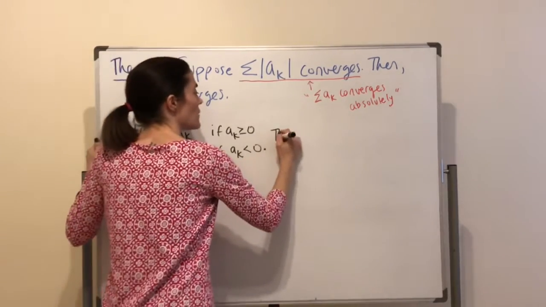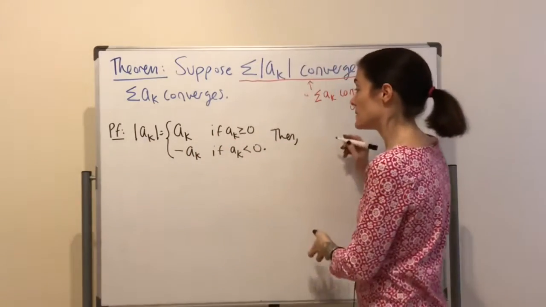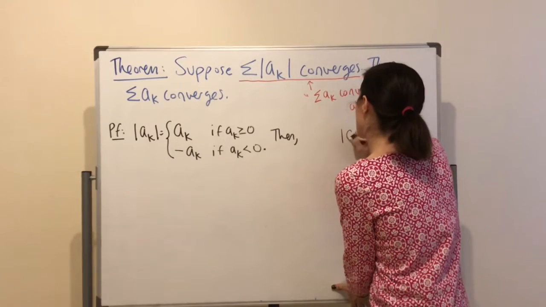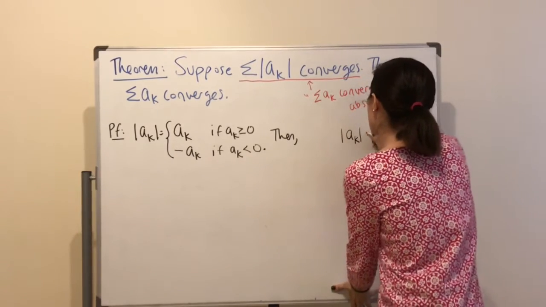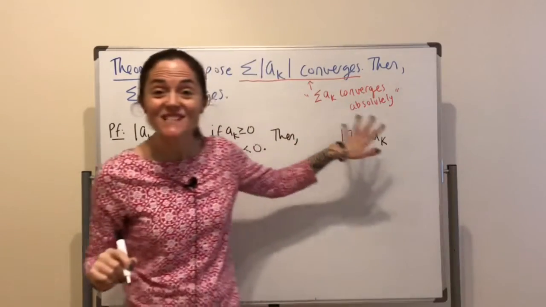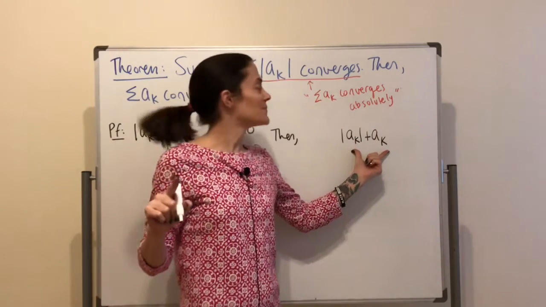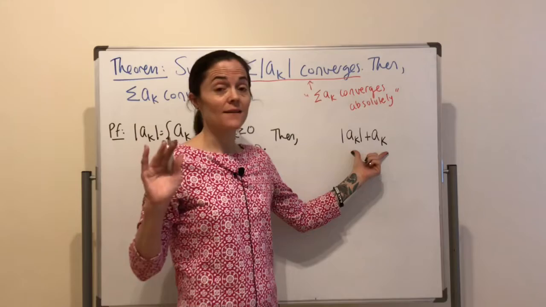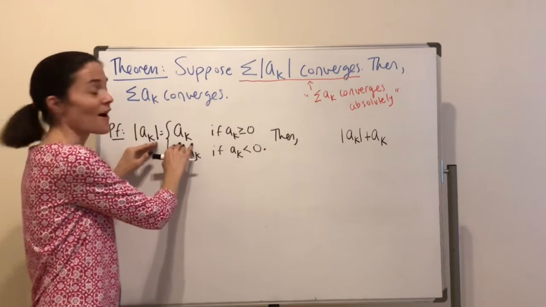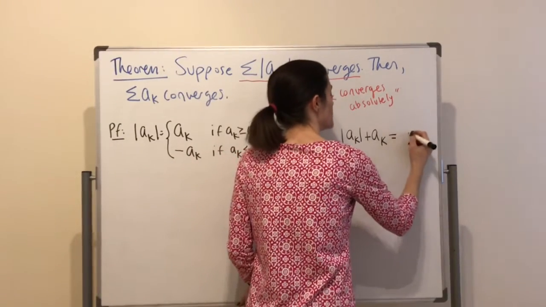So then we get that on the one hand, here's what I'm going to compare, and then I will make my statement: absolute value of a_k plus a_k. What can we say about this quantity right here? Okay, one possibility is a_k is positive, in which case these two quantities are exactly the same.